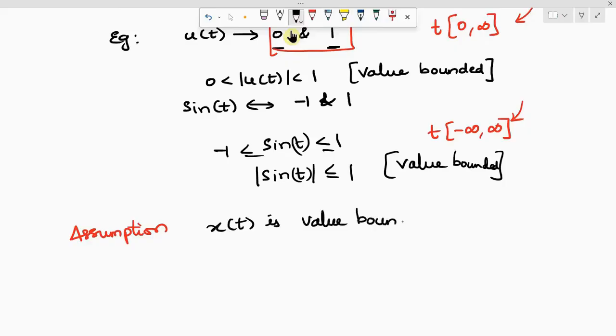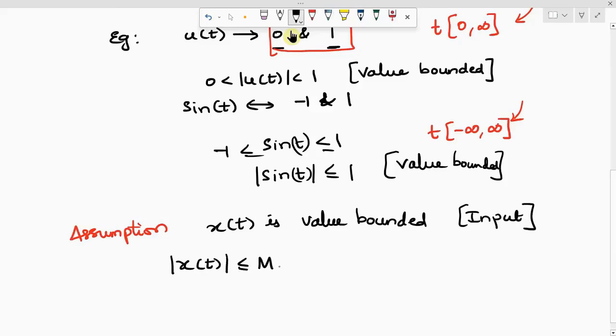That means we are giving x of t as an input which is already bounded. So I am giving a bounded input. Now that boundedness of x of t, I am writing like this. What do you mean by this? x of t is between minus M and M, and that M is finite. I am treating it like that.